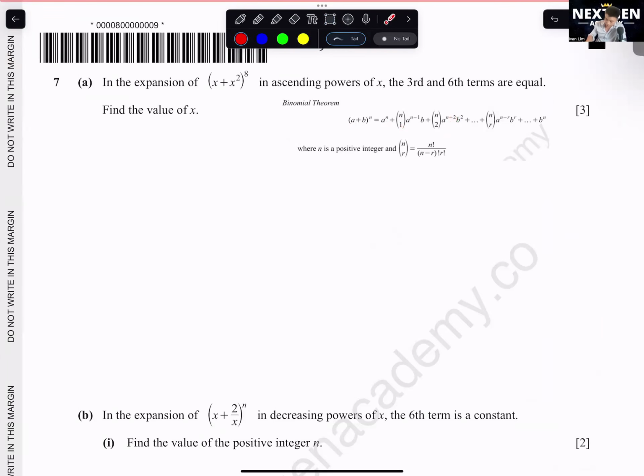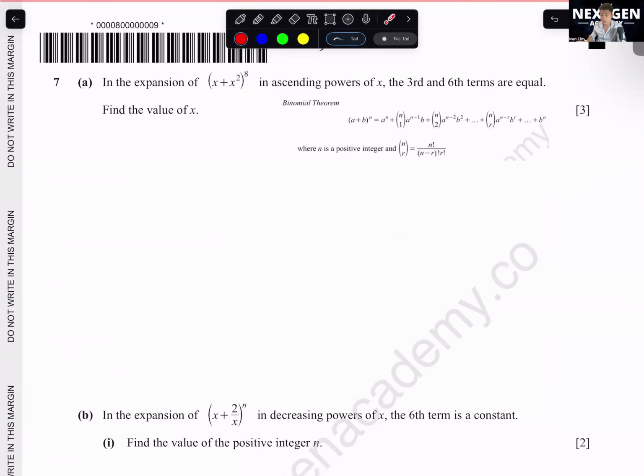Let's try to understand this question first. They want us to find the third and sixth terms, but you have to be careful. The common mistake that I see students make is that when you see third term, you immediately think of the power of 3, so 8C3.